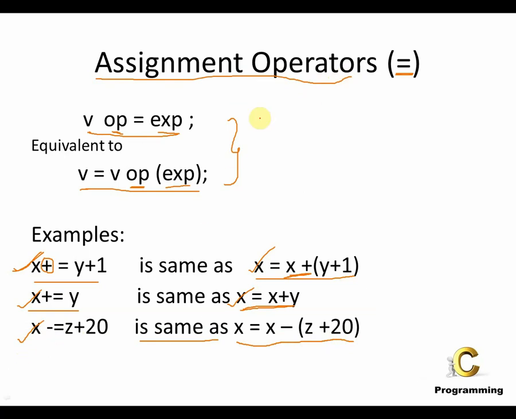It can be an integer value, it can be a float value, it can be the result of an expression which is assigned to any variable. So any value is assigned to a variable using the assignment operator.